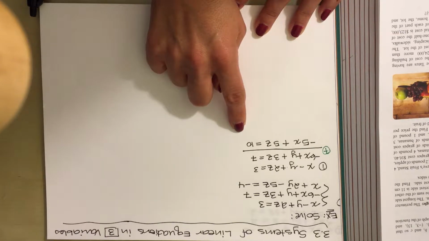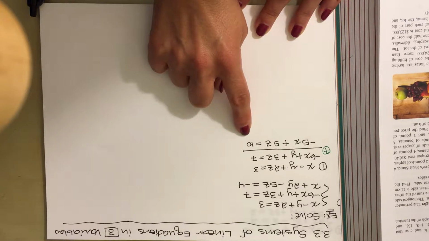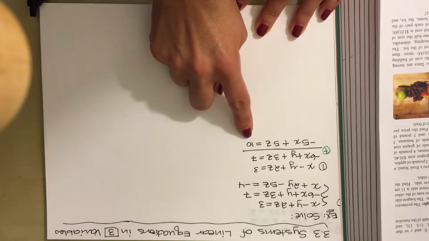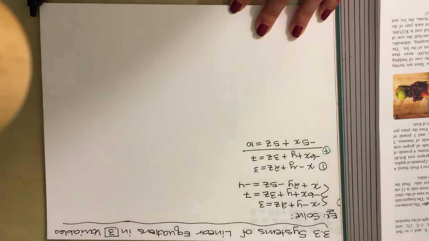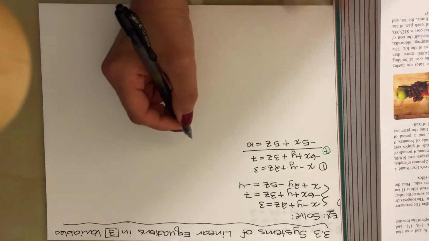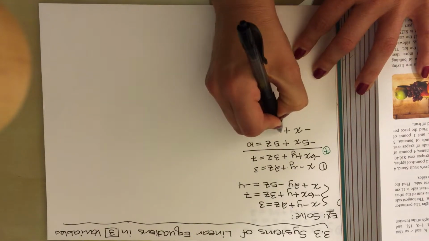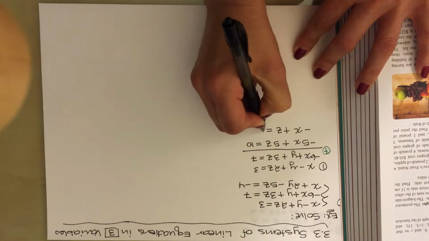You can divide both sides of this equation by 5, and that's just going to make the equation easier to work with. Because we have negative 5, 5, and 10, I could divide everything through by 5, and we get the following equation: negative x plus z is equal to 2.